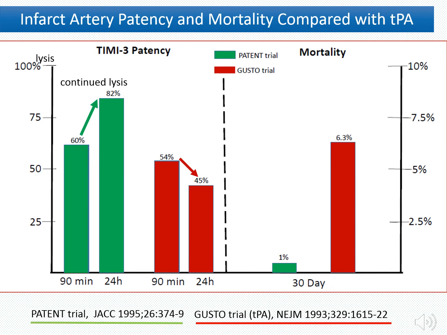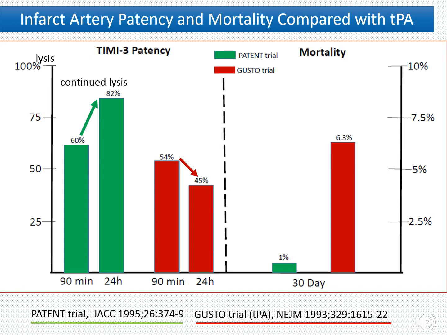As shown on the left, the TIMI-3 patency of the infarct artery was 60% in the PATENT trial at 90 minutes, and at 24 hours that had increased to 82%, representing continued lysis.